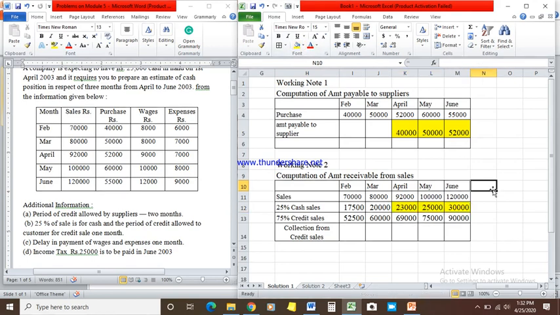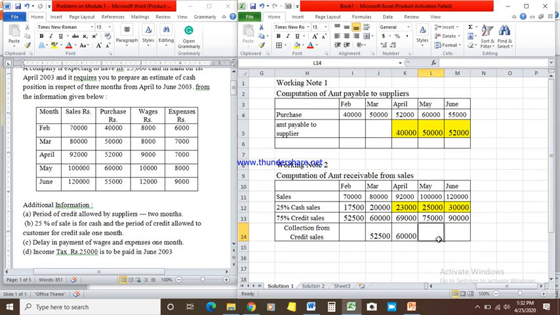But on account of credit sales, what is going to happen? Let's look into it. So collection from credit sales. Since we are giving a 1 month credit period, this 52,500 which is there in the month of February is going to be collected in the month of March. Next, 60,000 will be collected in the month of April.